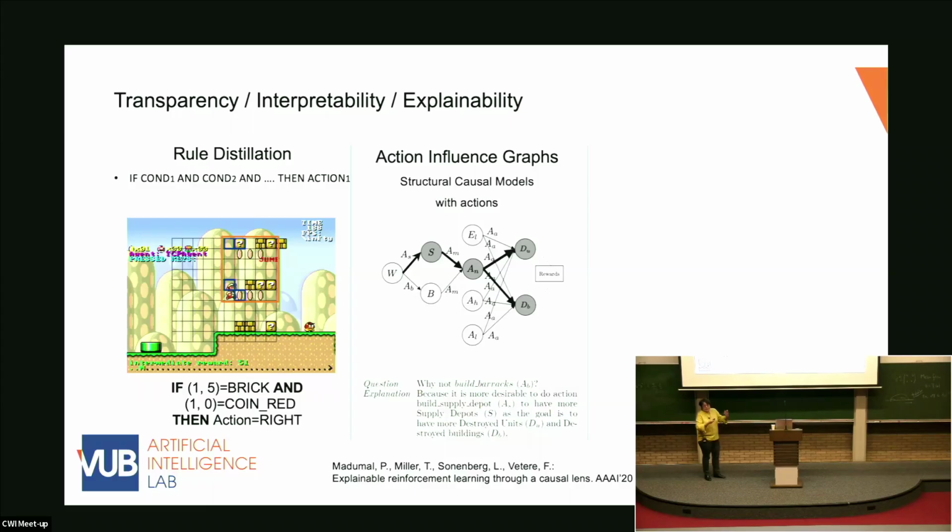But through RL, you can learn that this is the more efficient path to take, and then you can answer questions like, this is apparently building barracks, this action here. So then it can say, well, it's actually better to go here, supply depots, because you will be able to increase these values in a more efficient way.